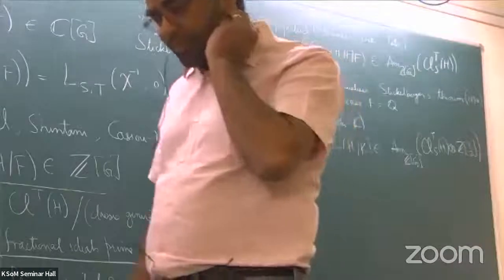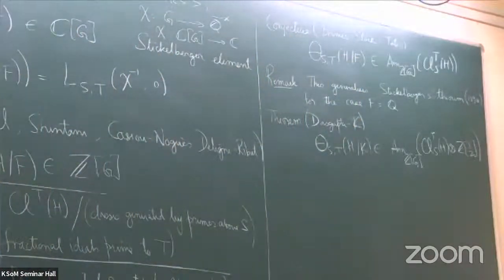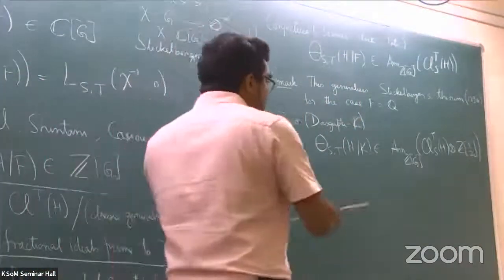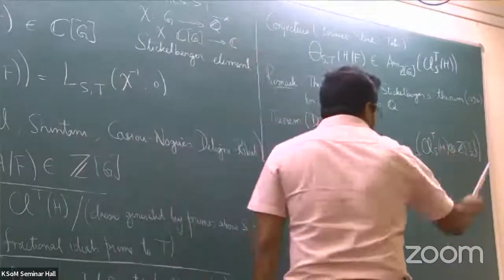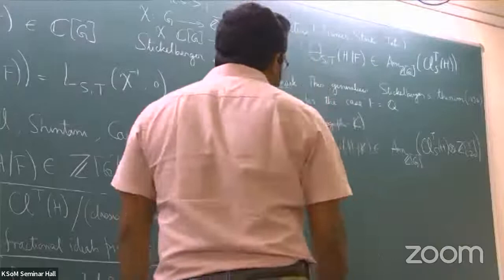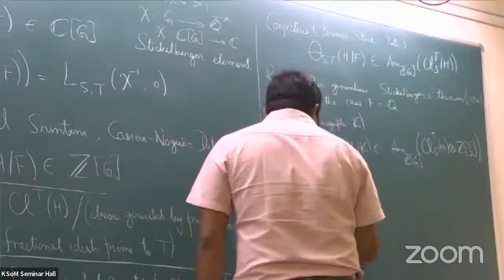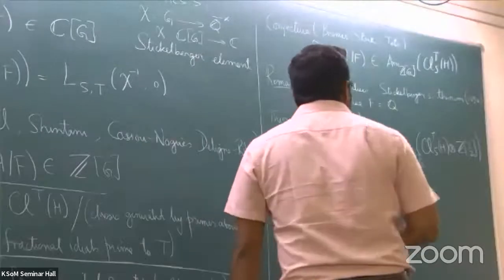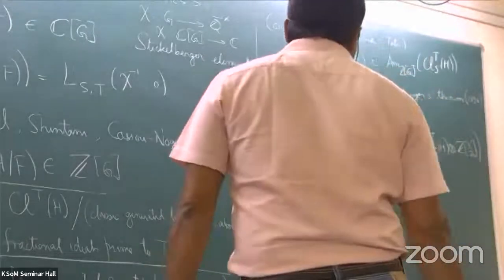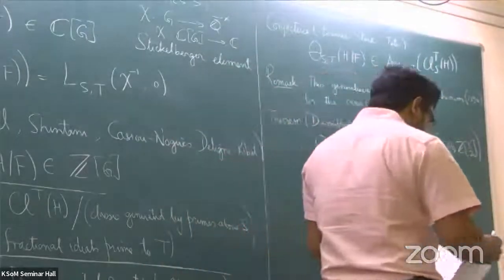So this is work in progress, and hopefully it will be finished soon. I hope that within 6 months we can remove this tensor. During the sketch, I'll tell you what the difficulties are, but not say anything about what the solution is.